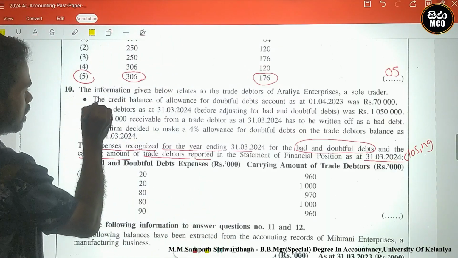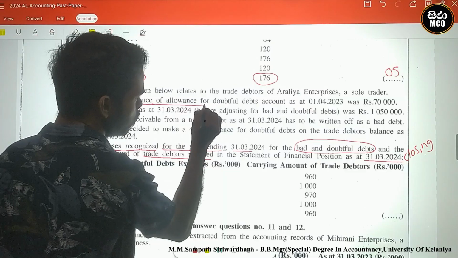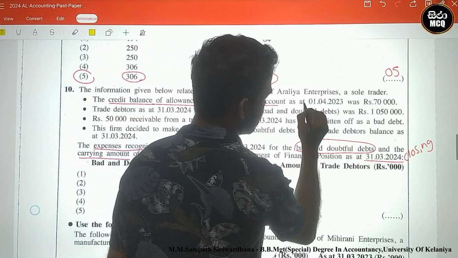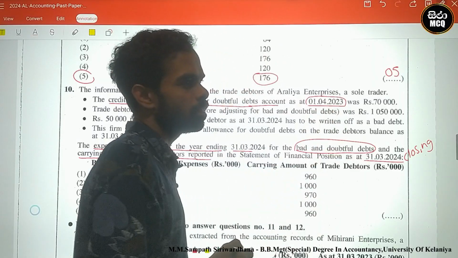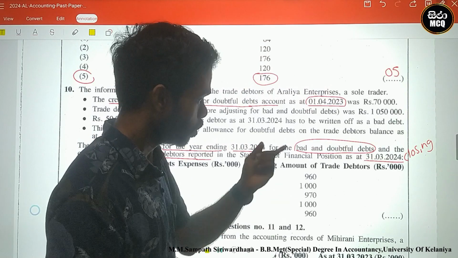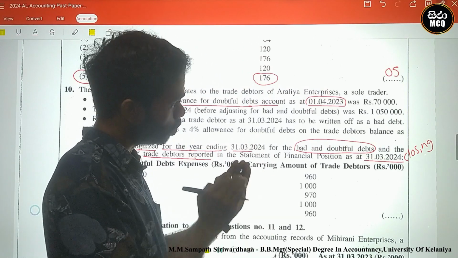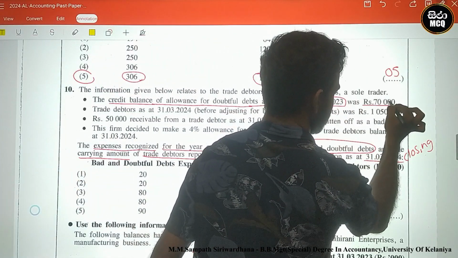The credit balance of allowances for doubtful debts account as at 1st April 2023. Opening or closing? Opening. The closing date is 31st March 2024, the opening date is 1st April 2023, and the balance was 70,000.